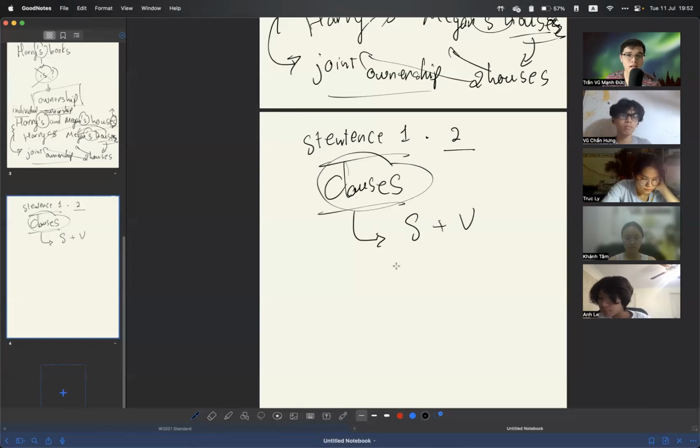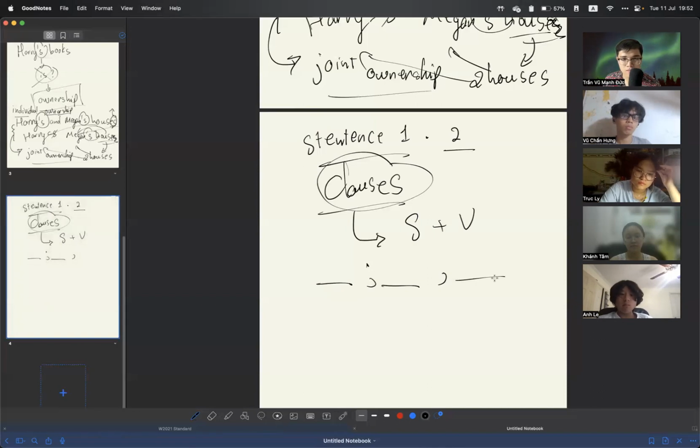And what is the last possible function of this, to separate what? Do you recognize this form? Main clause and like a linking verb.